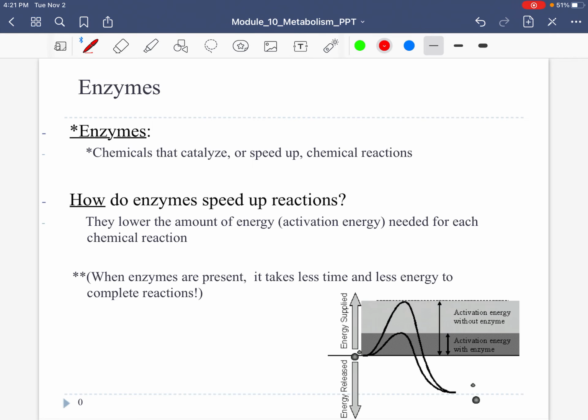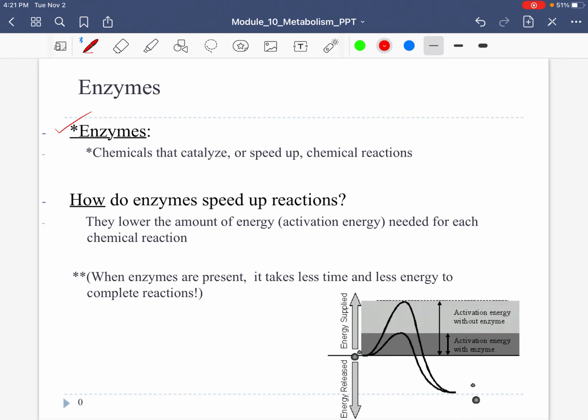An enzyme is something that speeds up a chemical reaction. The fancy word for that is catalyze. An enzyme catalyzes or speeds up a chemical reaction. So really, technically, we don't need the enzyme to do the chemical reaction.